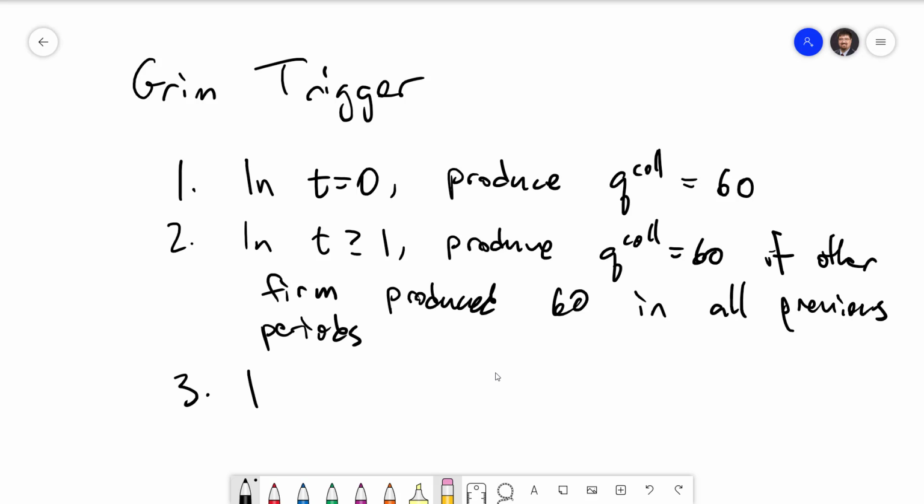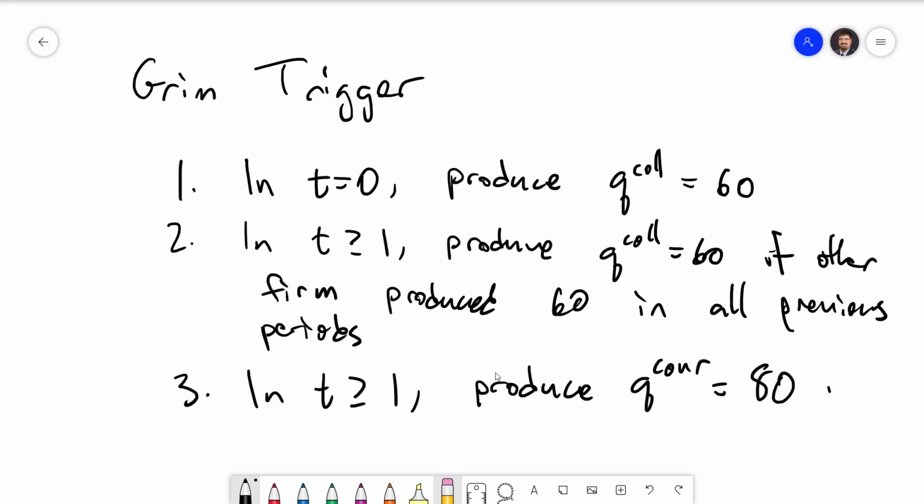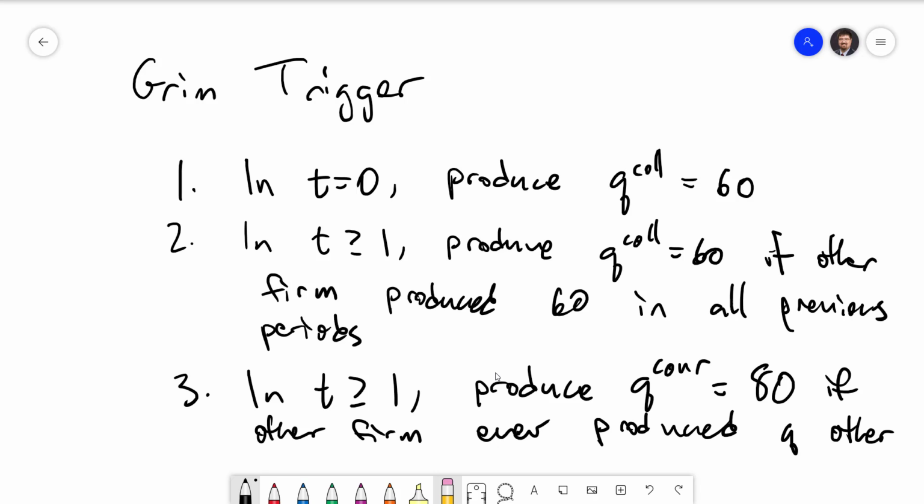Part 3, in the subsequent periods greater than or equal to 1, this is the trigger part where we are going to produce the Cournot Nash equilibrium output of 80 if the other firm ever produced a quantity other than 60 in any previous period.